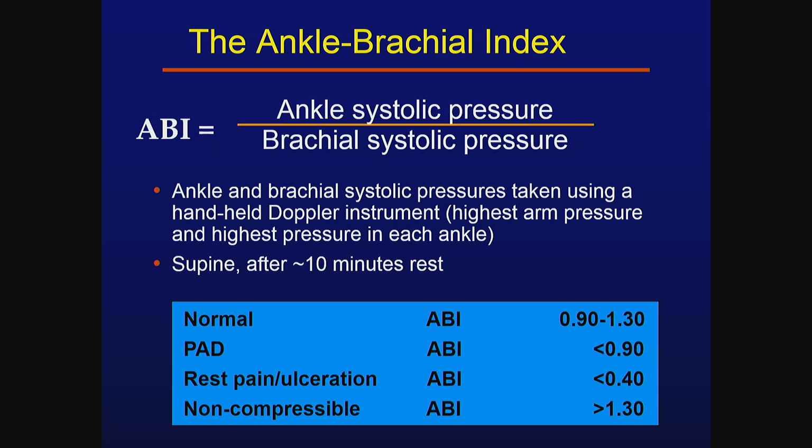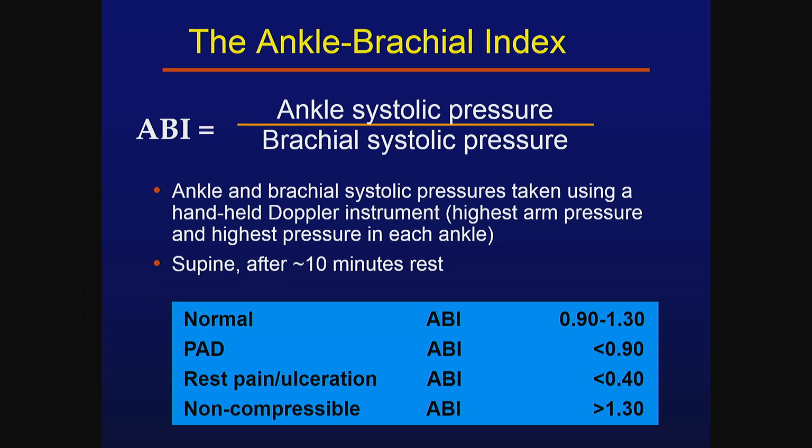We then take the highest of the two arm pressures and the highest pressure in each ankle and determine the ratio between the ankle and the brachial pressure, thus obtaining the ankle brachial index for the right and left lower extremity. This should, of course, be obtained after an appropriate rest is allowed in a supine position.